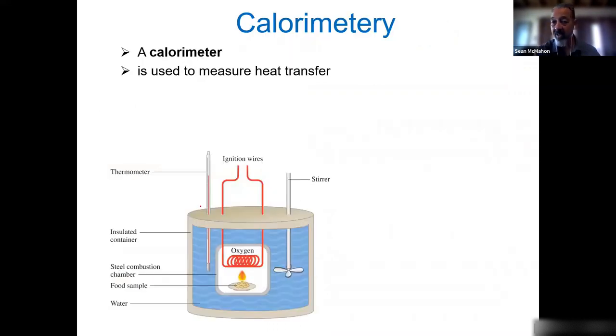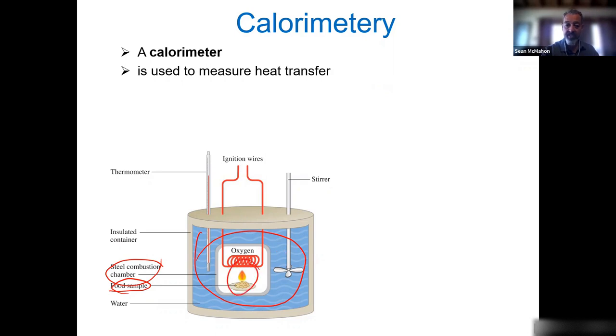This is what's done for diets, how to determine the number of calories in a food source. It's called calorimetry. So you basically measure the heat transfer. Well, how do you do that? You have a food sample that burns in a chamber. Surrounding that chamber, the surroundings, is water.